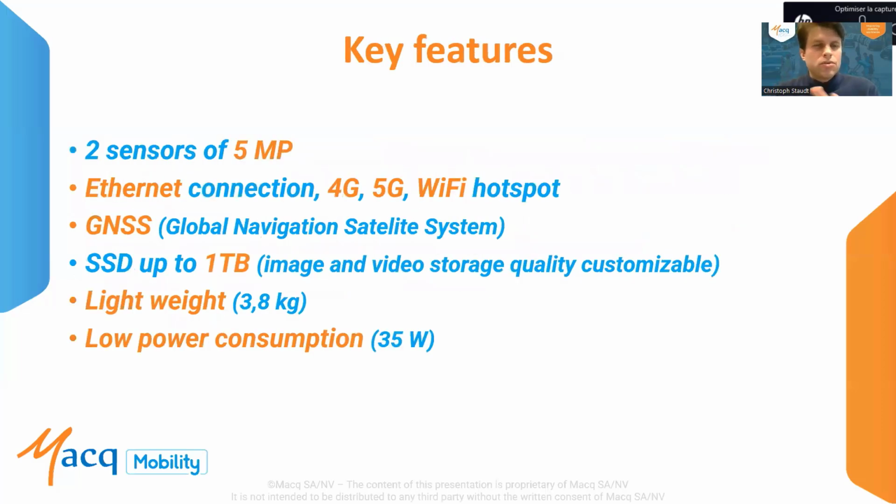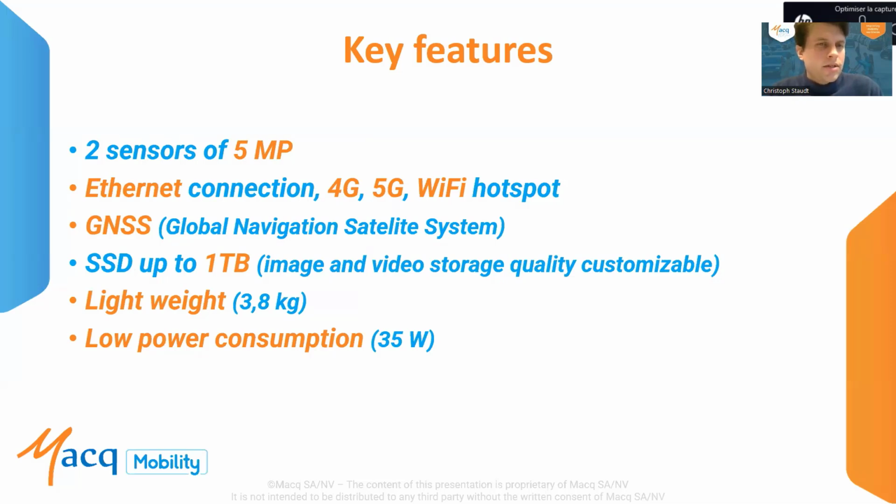To summarize the key features from a hardware perspective, there are 2 sensors of 5 megapixels each inside. From a data connectivity point of view, there's Ethernet, so cable, and several wireless possibilities: 4G, 5G if required or available, and a Wi-Fi hotspot. Then the GNSS localization, so we can either work on GPS, which is normally the case, or with the others.